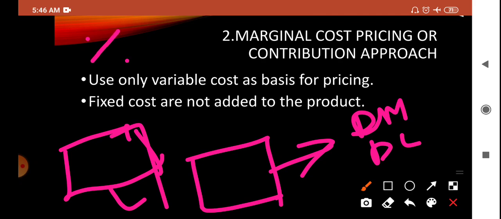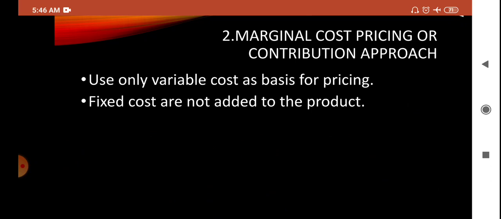So in calculating the percentage of profit margin, we will include the fixed cost, but we don't consider fixed cost in the total price of the product. So this is called marginal cost pricing, where only the variable cost is considered.